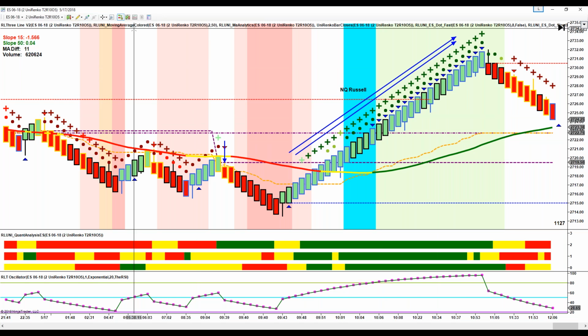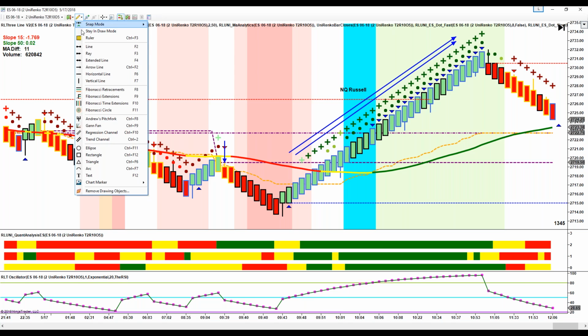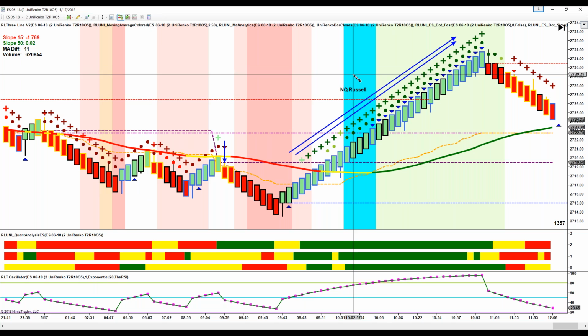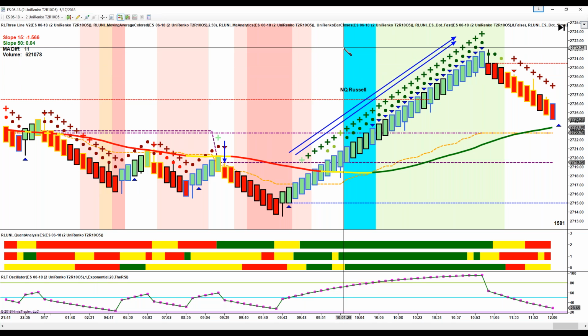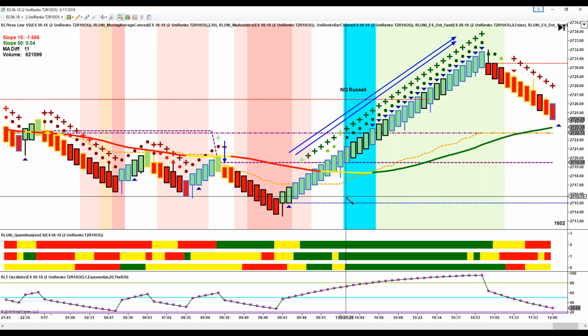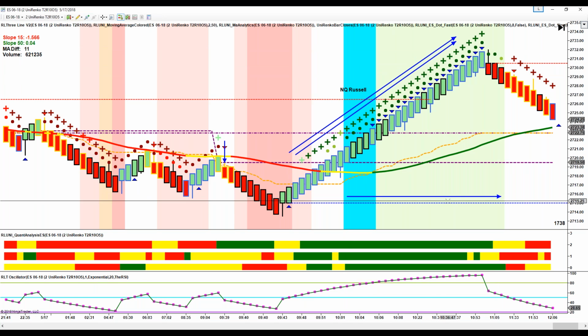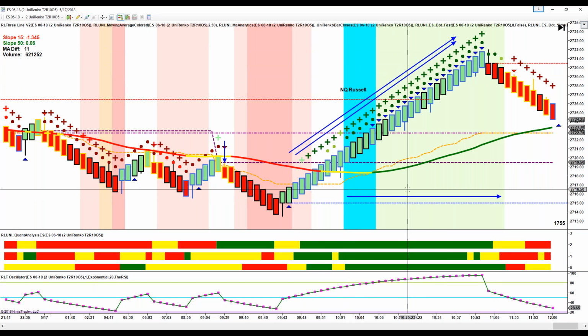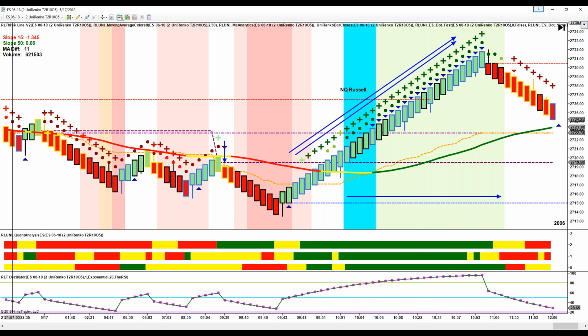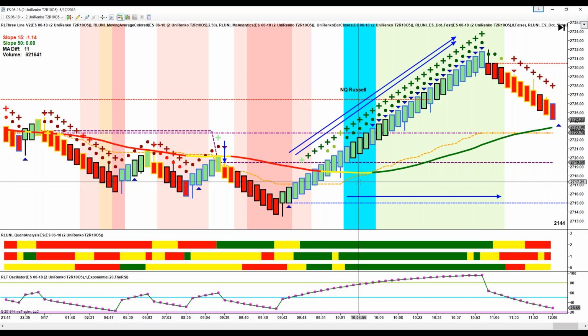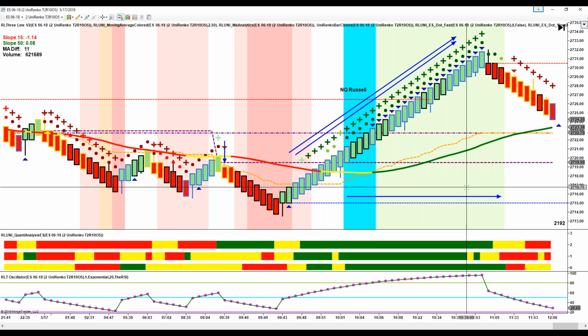So I also want to mention the background bias. We've adjusted it as best we can, but the Renko is fast. This background bias here of the E-mini is looking at the multi-time frame trend. The cyan color and green color are the most powerful.